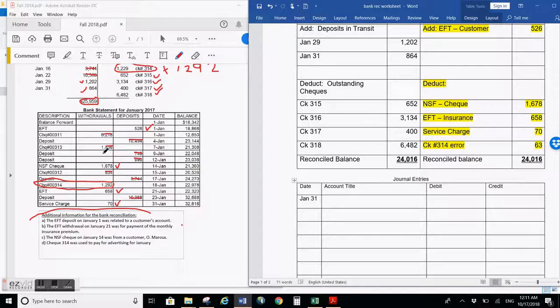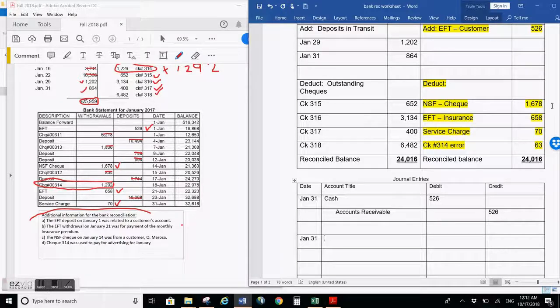If we have something added on the bank side, all of the other adds have gone in as a debit in our cash account. So anytime you're adding here, you're going to be debiting cash. So we'll debit cash because we actually got $526. And our credit is to accounts receivable. A customer was just paying off their accounts receivable balance.